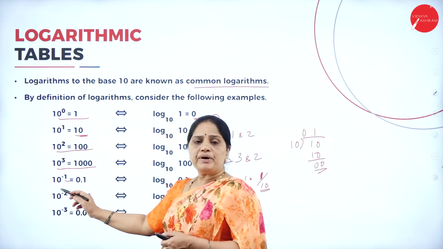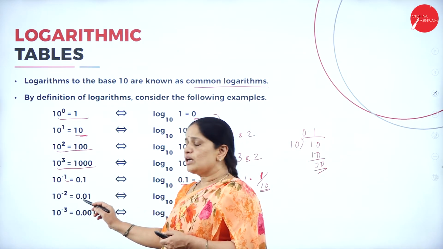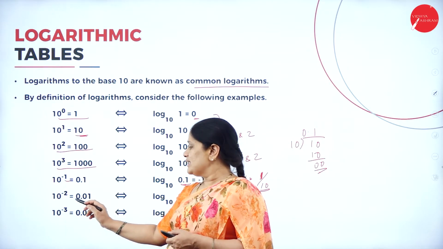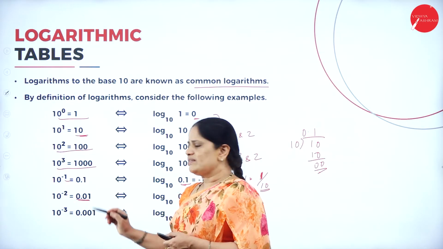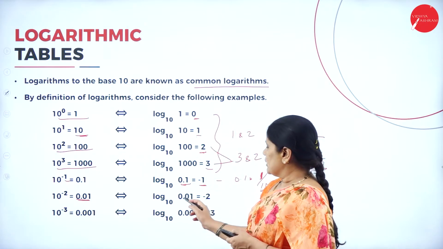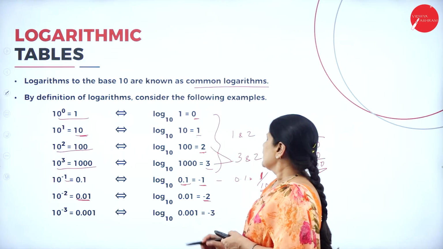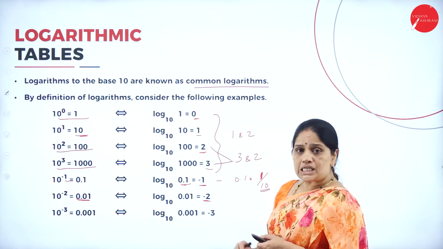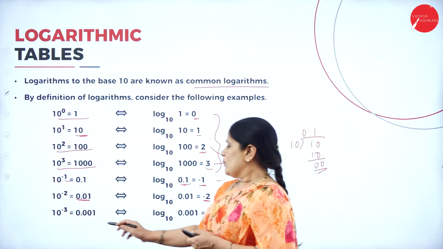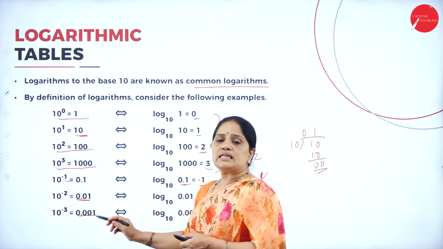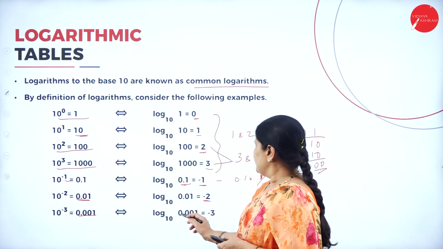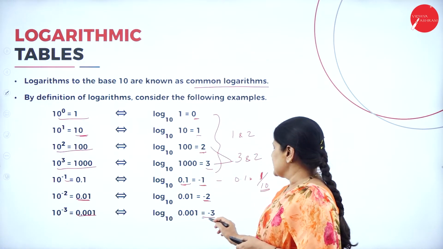Now 10 to the power minus 2 equals 0.01. So when there are two zeros given here, one zero to the left hand side, one zero to the right hand side, the value is minus 2. The same way, when there are 3 zeros in the given value, then we write it as minus 3.